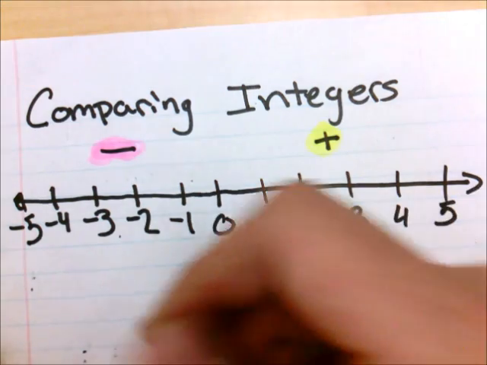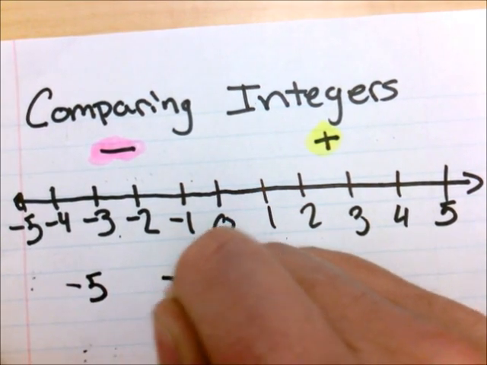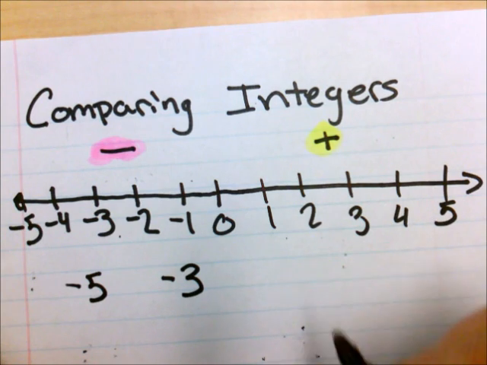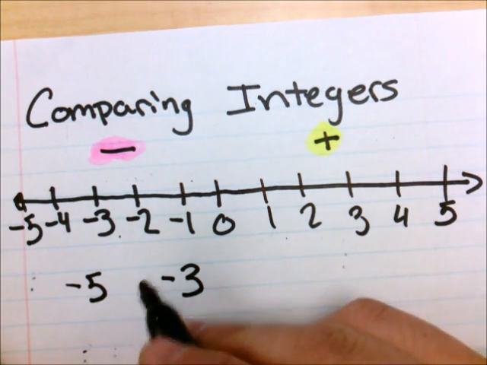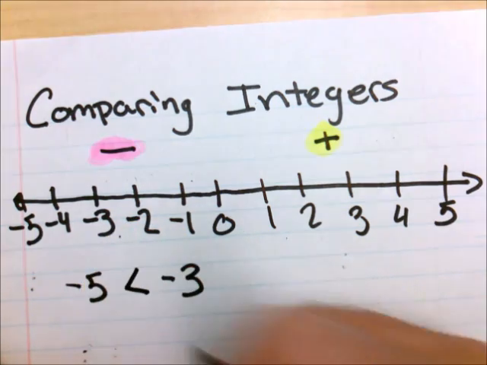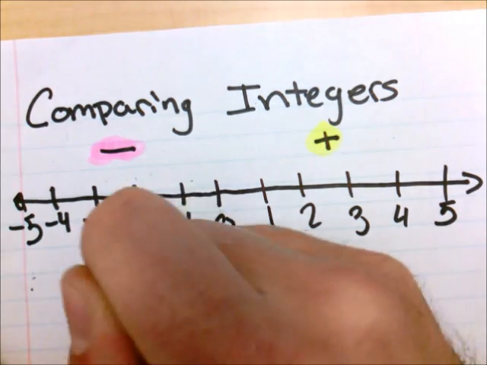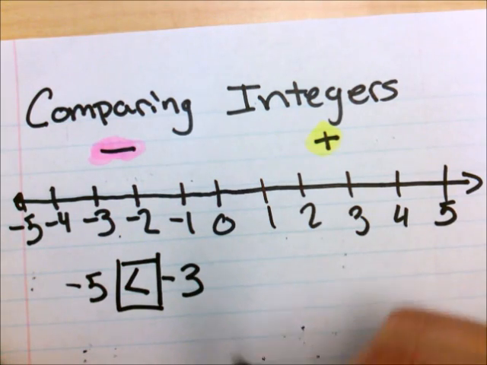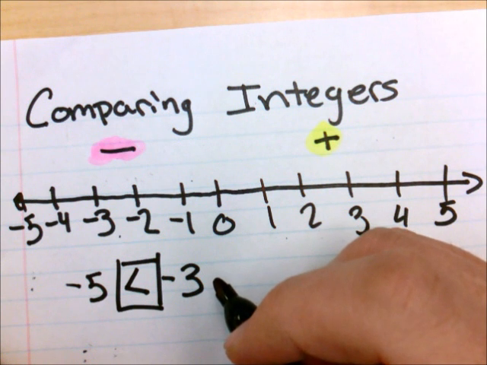So if I were to compare negative 5 and negative 3, and we're going to use an inequality sign, I would say that negative 5 is actually less than negative 3. And this is my less than sign there.